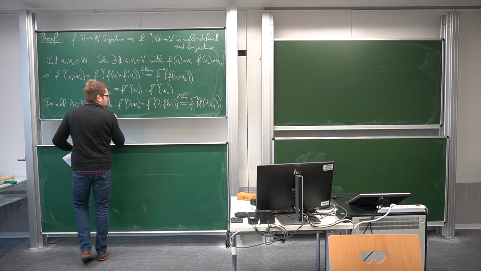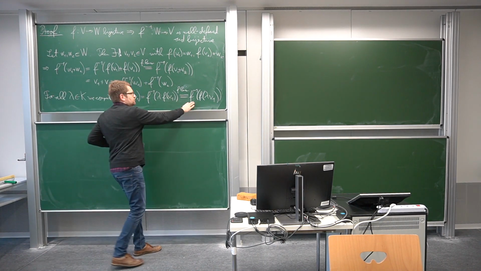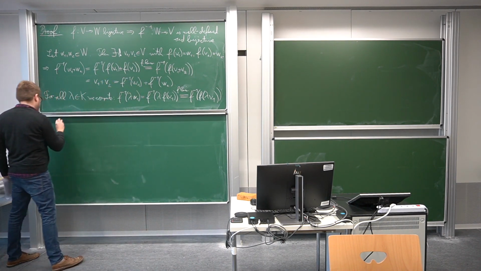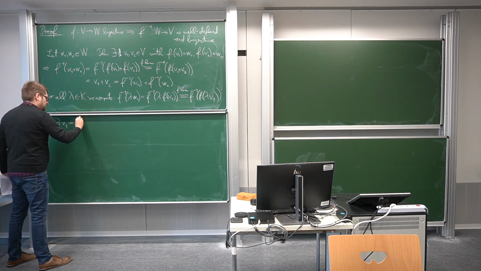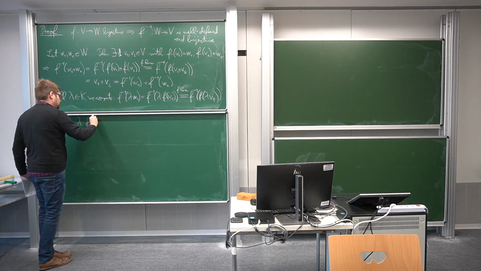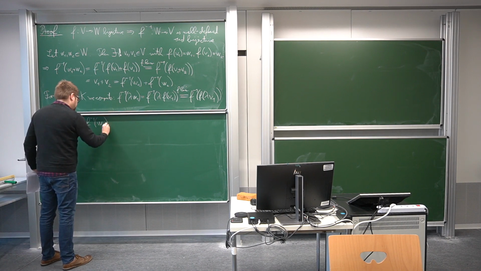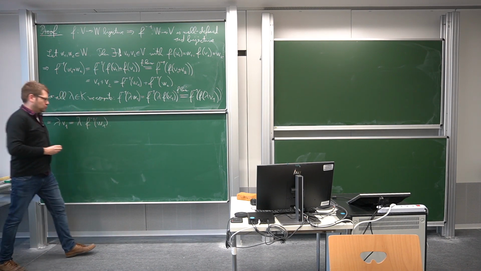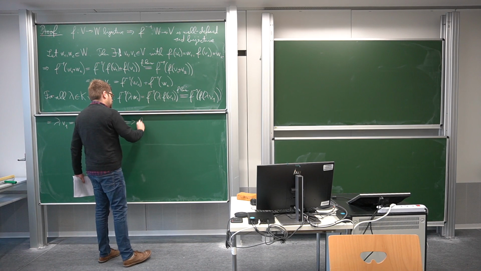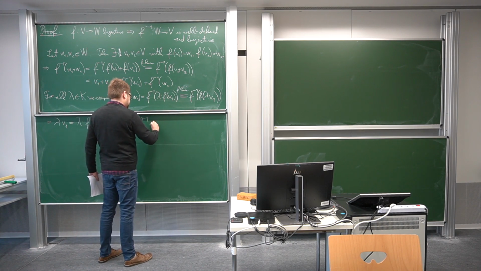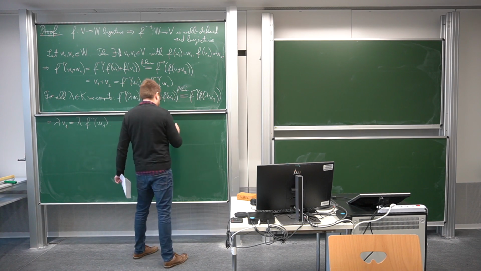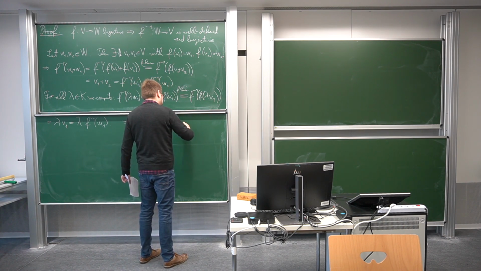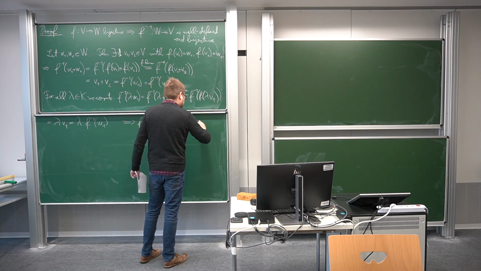Now again, F and F inverse cancel each other out, so this is the same as lambda V1, and V1, as before, is the same as F to the minus 1 of W1. And this is what we wanted to show. So this shows that F to the minus 1 is linear, and since we know it's bijective, it is an isomorphism.